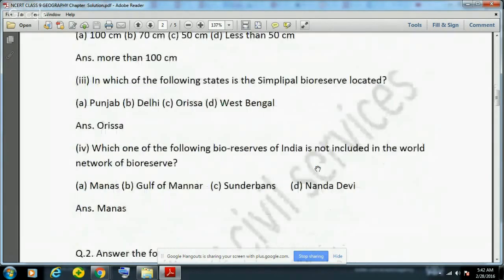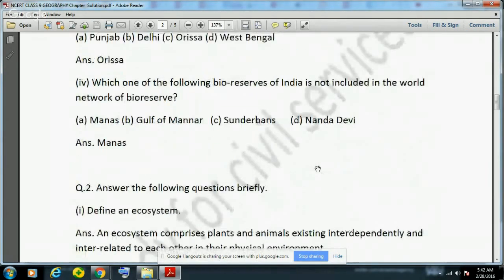Then Simlipal bioreserve is found in Odisha. Then there are 9 bioreserves which are included in the world network of bioreserves, and Manas is not included in that list. We will see in this video all the 18 bioreserves of India as well as the 9 bioreserves of India which are included in the world network of bioreserves.